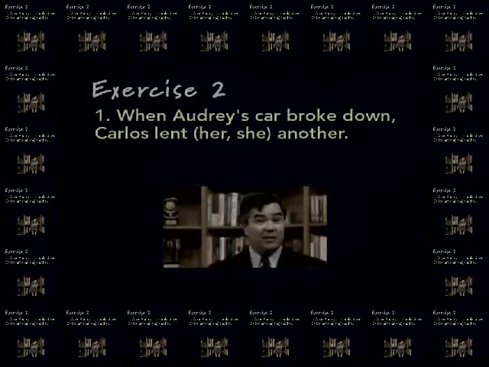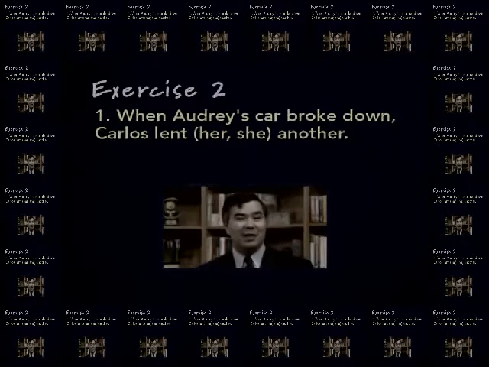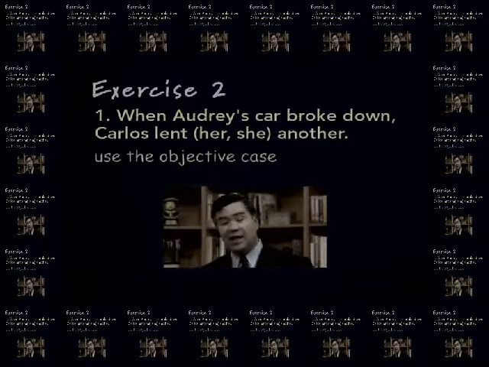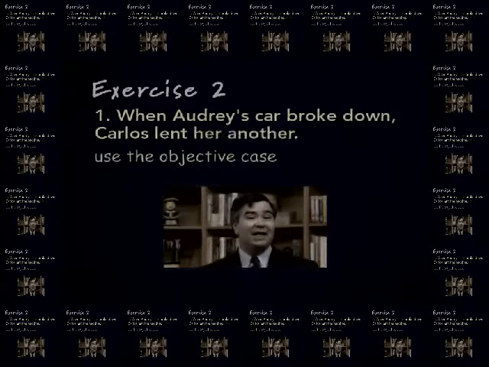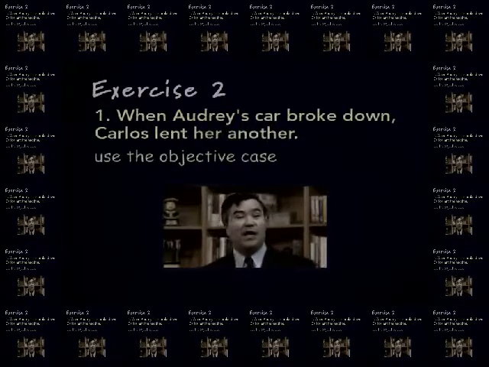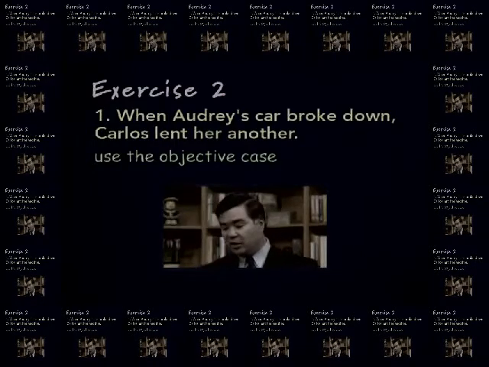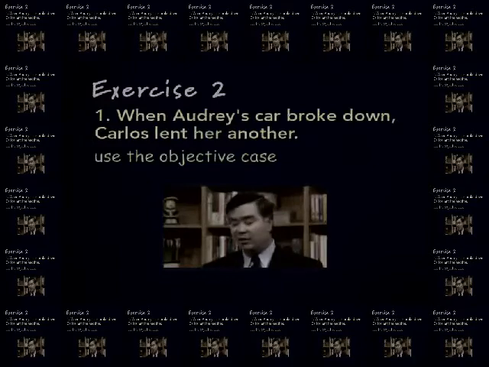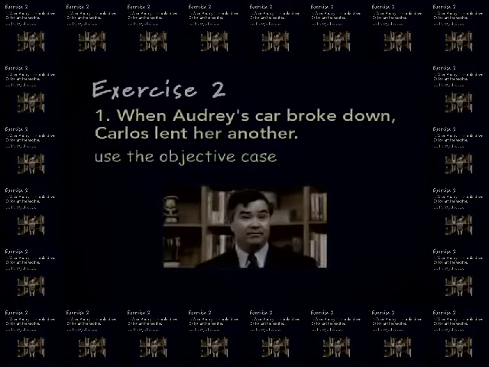Well, a pronoun that's being used as an indirect object should be in the objective case. And as we've seen, her is the objective case pronoun to refer to a single female individual. So the sentence should correctly read, when Audrey's car broke down, Carlos lent her another.